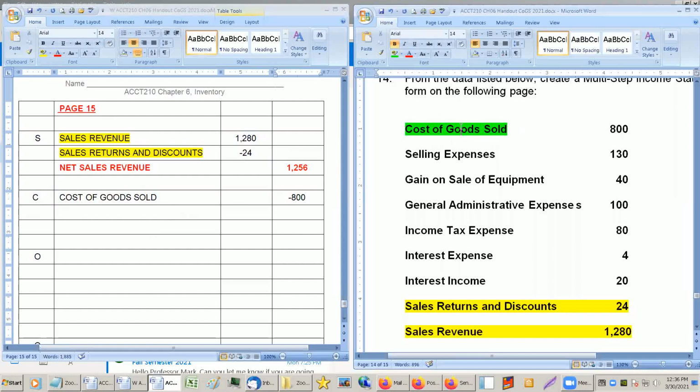Let's stick with the color coordination. Okay, and this will give us our gross profit, sometimes called gross margin. 456, I think.